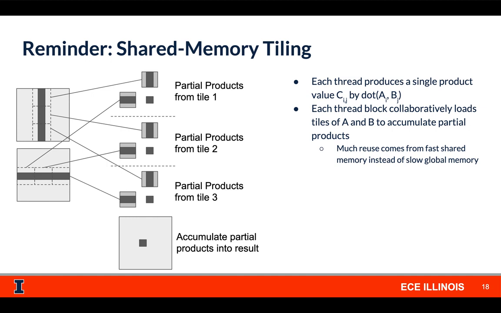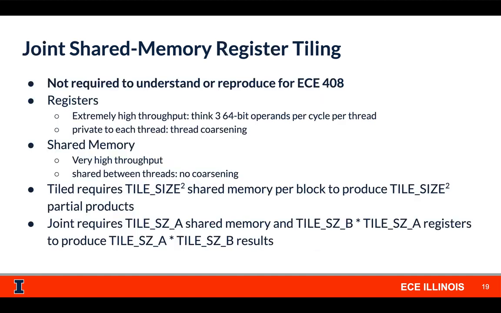And we don't talk about this in 408, but there's something called joint shared memory and register tiled matrix multiplication. Registers are extremely high throughput, even more than shared memory, right? When we're accessing registers, it might be a common instruction to add two 64-bit operands to produce another 64-bit operand.